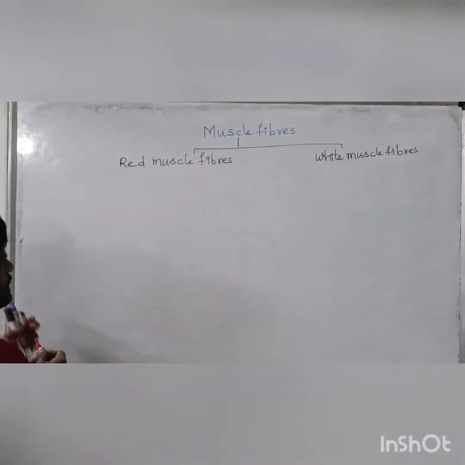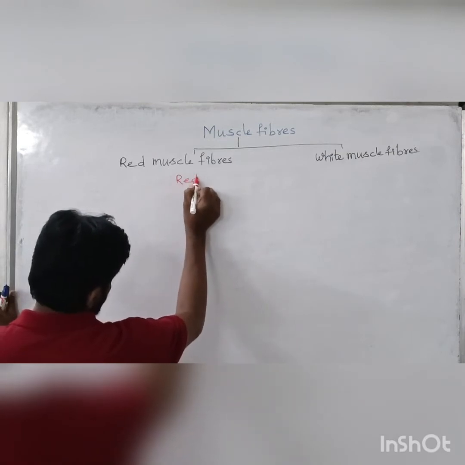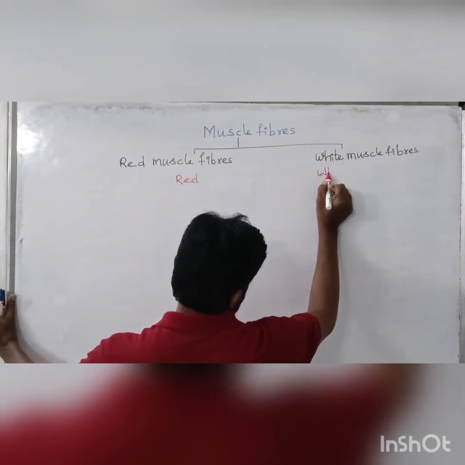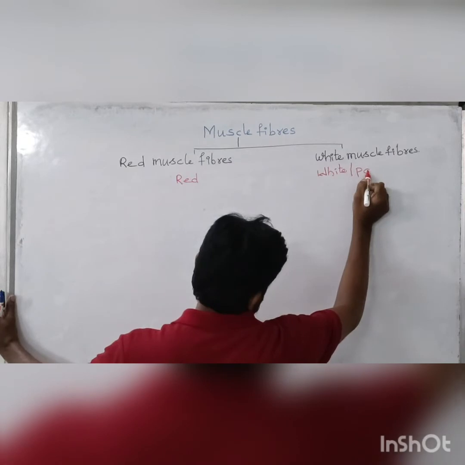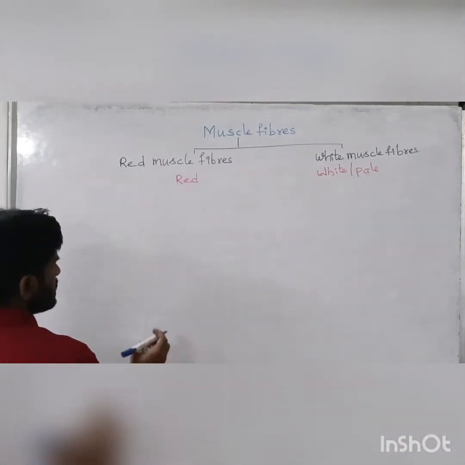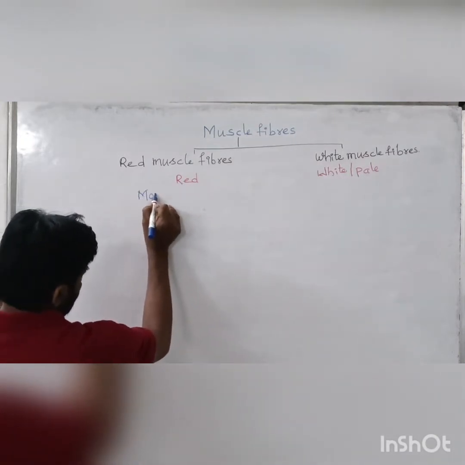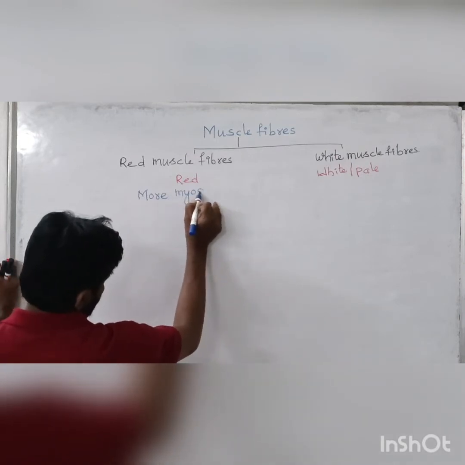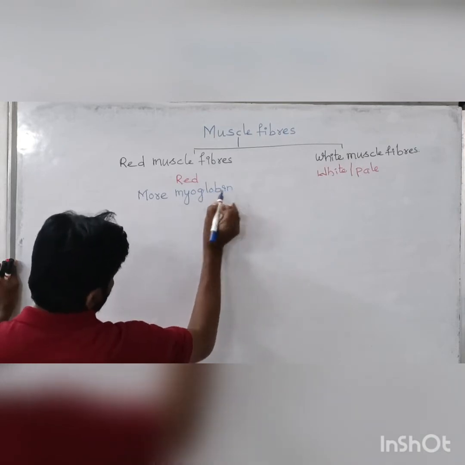Red muscle fibers are red in color; white muscle fibers are white or pale in color. Red muscle fibers are red because they have more myoglobin.